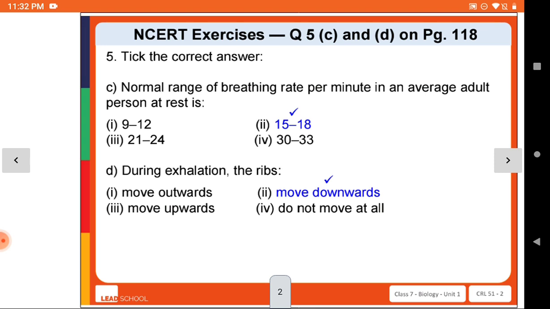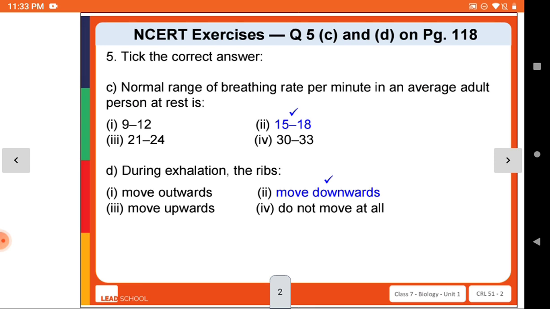The normal range of breathing rate per minute in an average adult person at rest is 9 to 12, 15 to 18, 21 to 24, or 30 to 33. Our correct answer is 15 to 18. That is the breathing rate per minute.